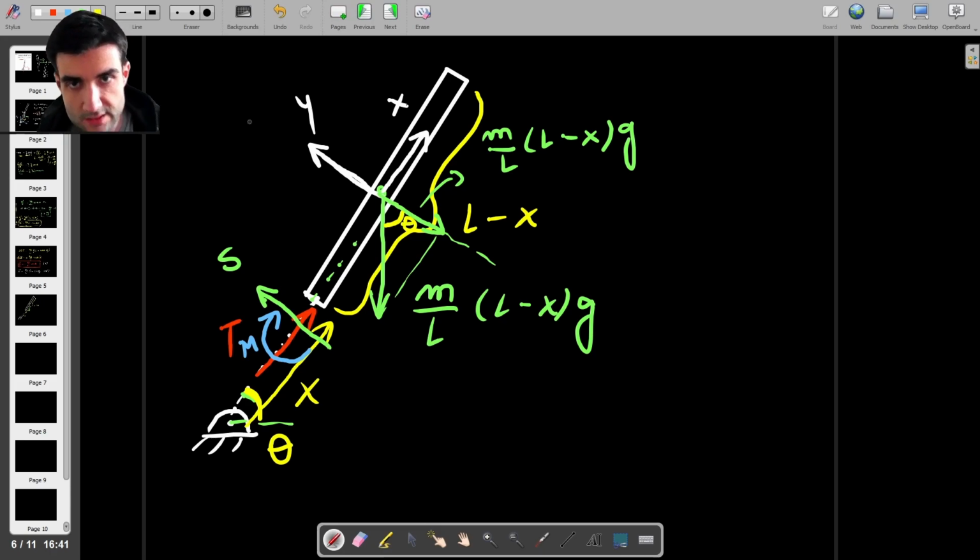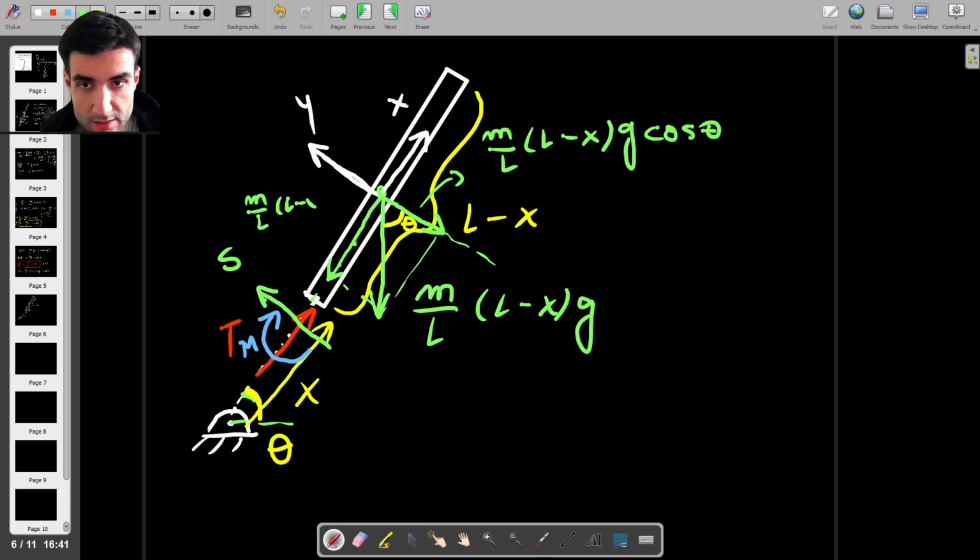So this component is cosine theta, and then we have another component going this way, which is sine theta. So we have m over L, L minus x, g sine theta. Okay, so we can start writing some stuff out.